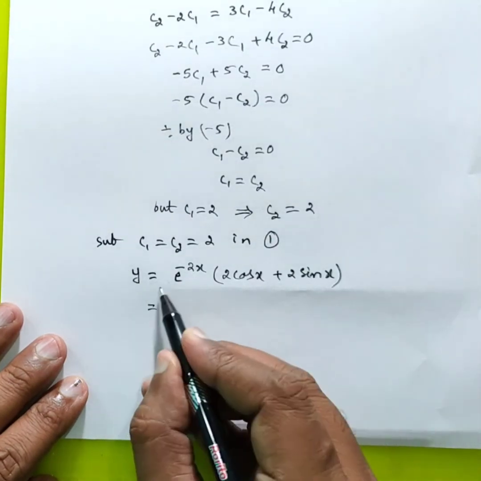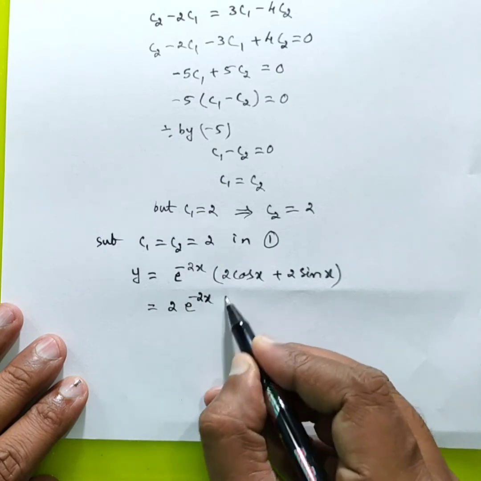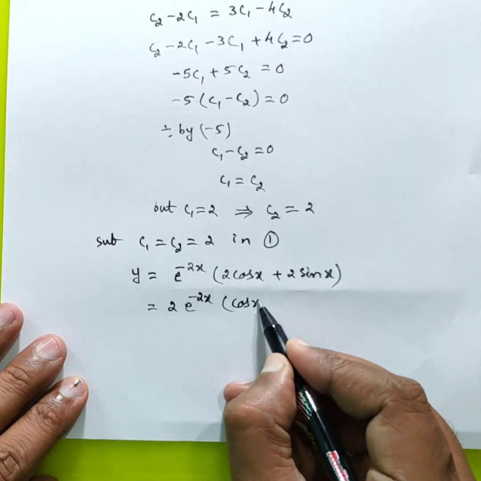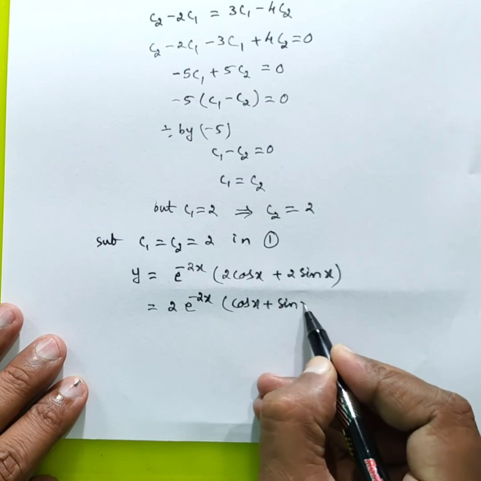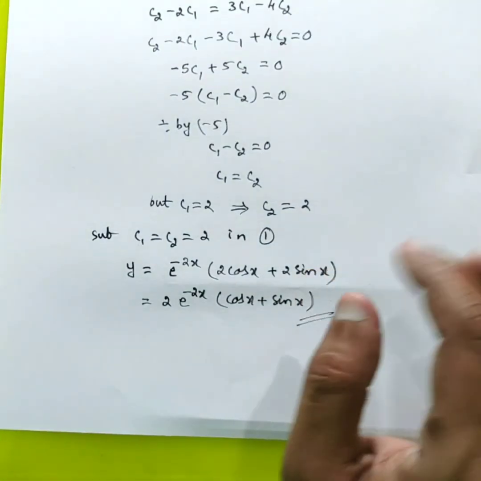If I take 2 common outside, it becomes 2 e power of minus 2x into cos of x plus sin of x. So that is the required solution. That's all I have for today. Thank you.